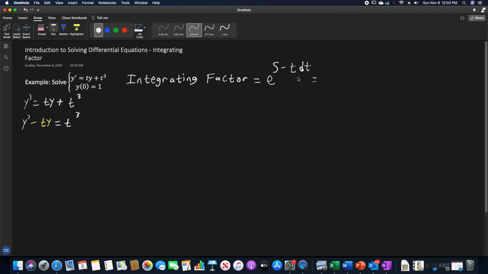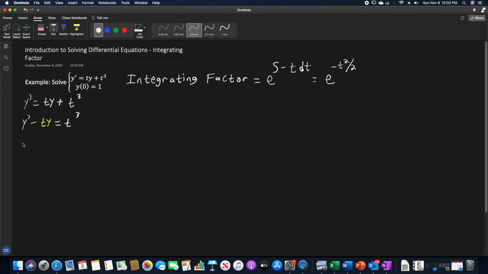Based upon integration, this is going to be e to the power of negative t squared divided by 2. And we're going to multiply both sides of this differential equation now by e to the negative t squared over 2.